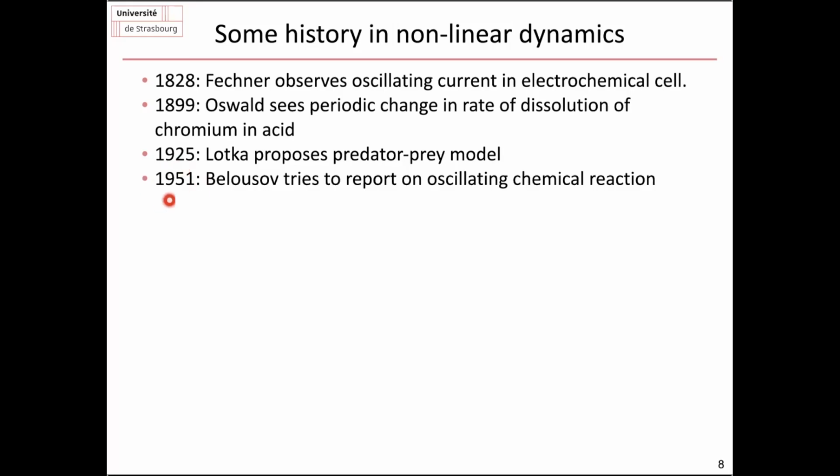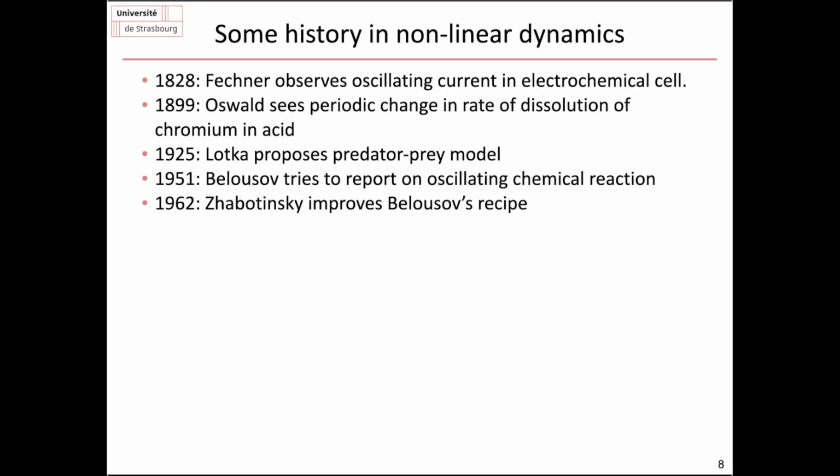Okay, so a very important discovery by Belousov. He reported an oscillating chemical reaction, homogeneous, so everything in the liquid phase. But unfortunately, no one believed him. So Zhabotinsky had to come in. He improved the Belousov recipe a little bit, and that led to the very famous Belousov-Zhabotinsky reaction, which is pretty difficult to really understand, but we'll show you some examples.